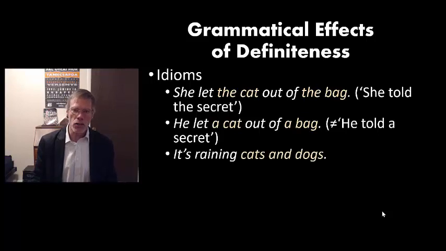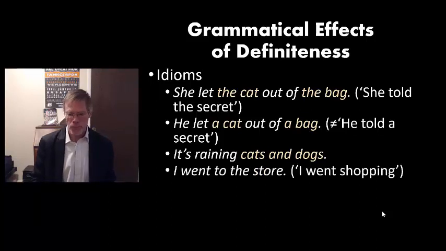It's raining cats and dogs. Likewise, it means to rain really hard. We would never say something like, it's raining the cats and dogs with a the there. That's just not the idiom.